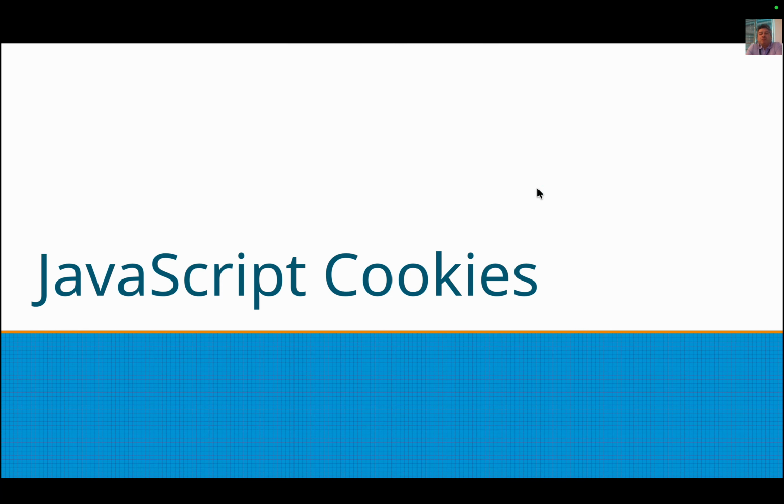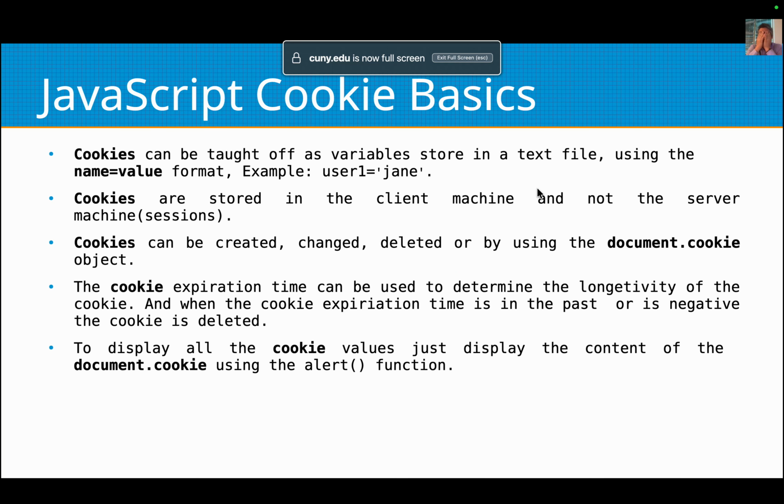Okay, so JavaScript cookies. Cookies are basically a means of storing data. They're stored in a text file, though right now they're probably encrypted, but it's still text data. Cookies are stored on the client machine, so it falls under client technology.